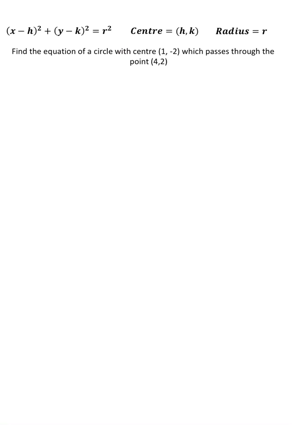In this question now, we need to find the equation of a circle with center (1, minus 2), which passes through the point (4, 2). In this question, we're given the center, but we need to find the radius. We have our center of (1, minus 2), and it's going through (4, 2), and we need to find out what our radius is.